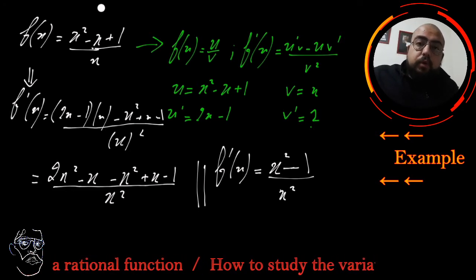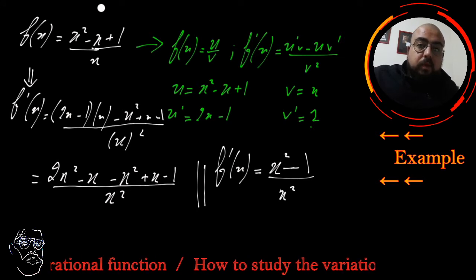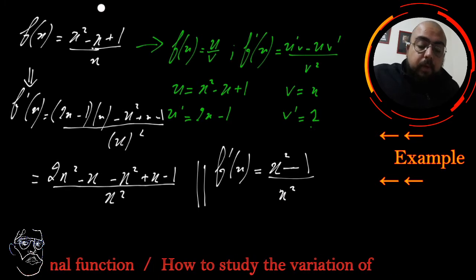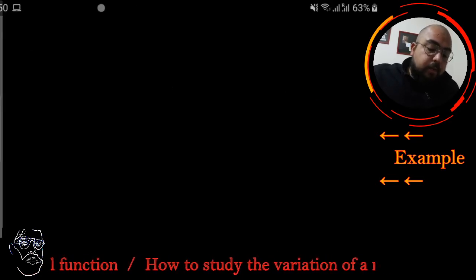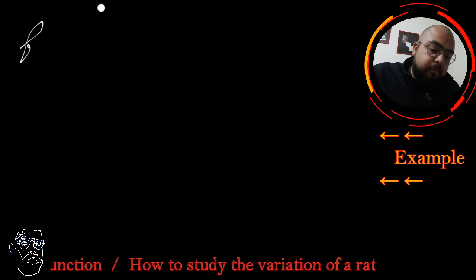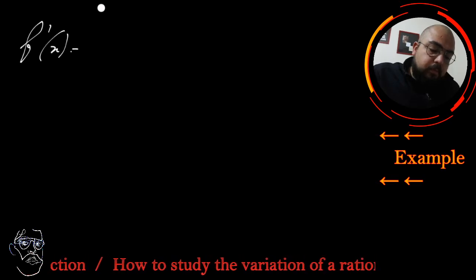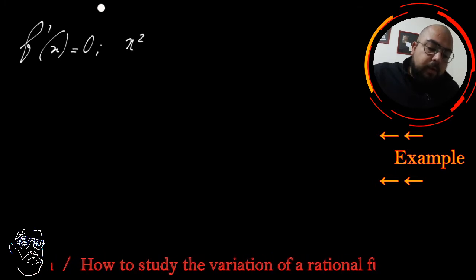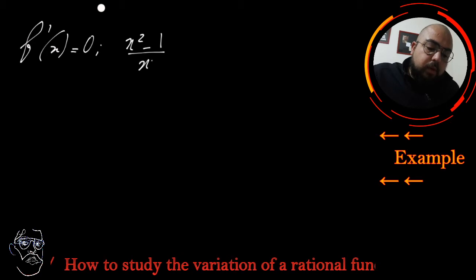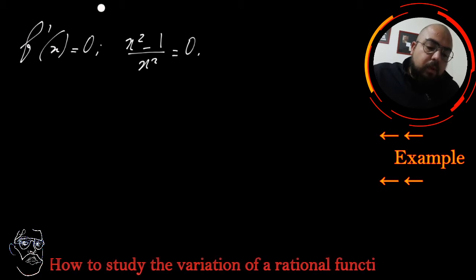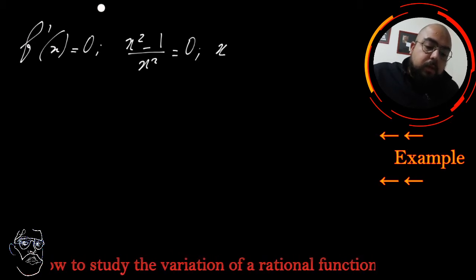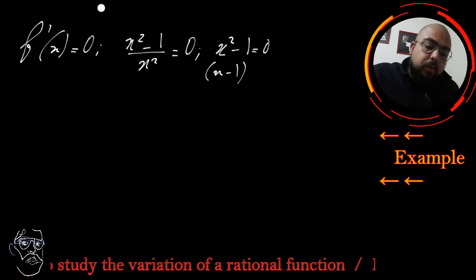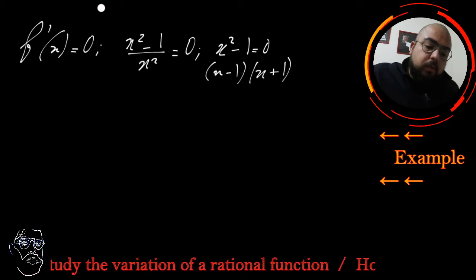So after calculating f prime of x, we should go through the table of variation. So I should study the sign of f prime of x. I should say f prime of x is equal to 0, which means x squared minus 1 over x squared is equal to 0. Again, which means x squared minus 1 is equal to 0. X minus 1 times x plus 1 is equal to 0.